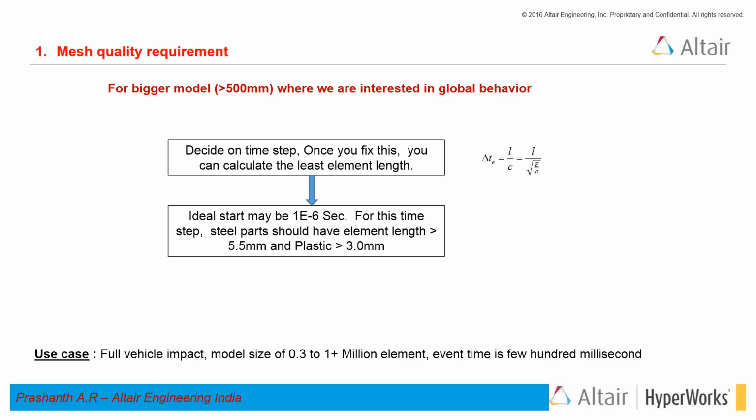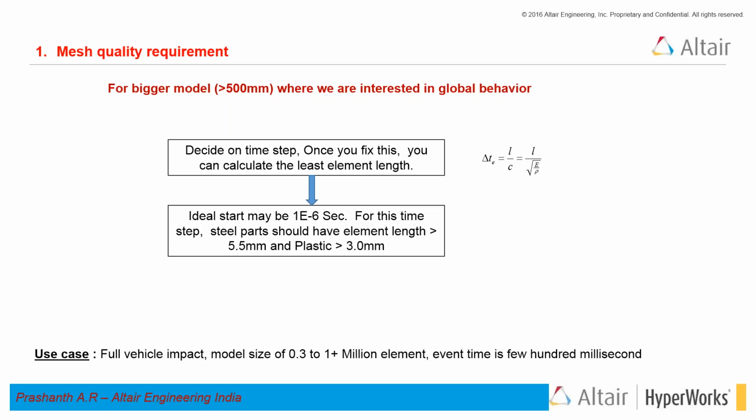So why am I putting this restriction? Because sometimes when your model is very big and your time step is very small, and you're running it for a long event, then depending on the hardware availability, it becomes impractical to solve those problems. So before setting up any problem, you have to think of the hardware available to you, how much runtime you can afford, and what the requirement of this model is.